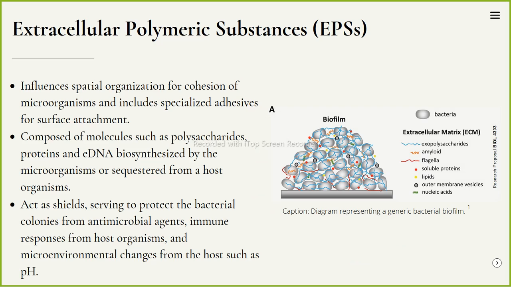Looking at the extracellular matrix and extracellular polymeric substances, or EPSs, they influence spatial organization for cohesion of the microorganism. They also include specialized adhesives so they can attach to a surface. They're composed of many molecules such as polysaccharides, proteins, and extracellular DNA, and these could be biosynthesized by the bacteria or microorganism itself, or sequestered from a host organism.